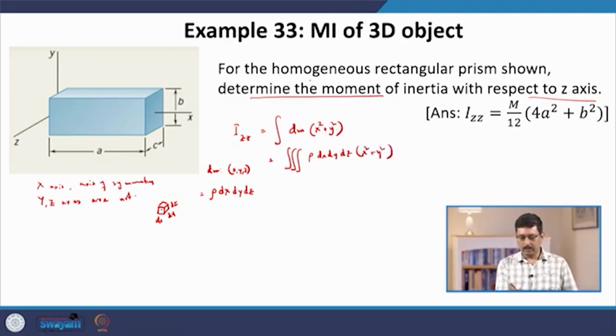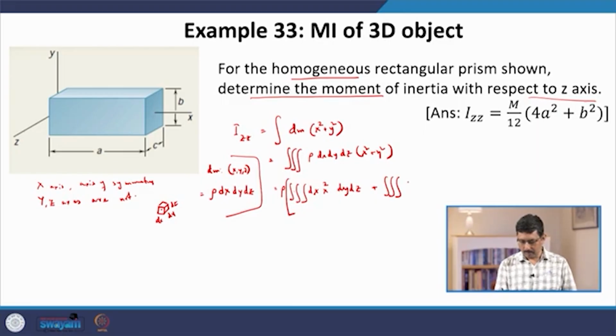Now, because the object is homogeneous, I can take the density rho outside the integral, and there are two terms. The first term is x square dx times dy dz, and the second term is dx times y square dy times dz.